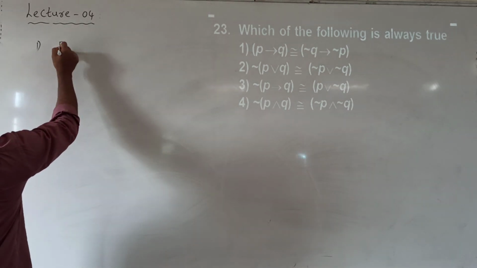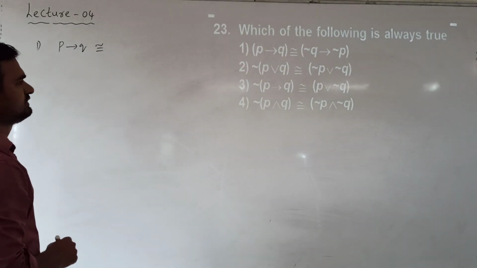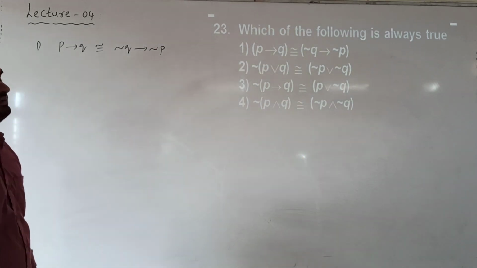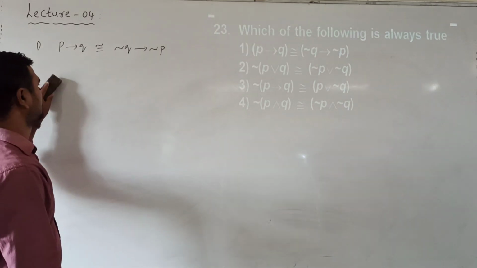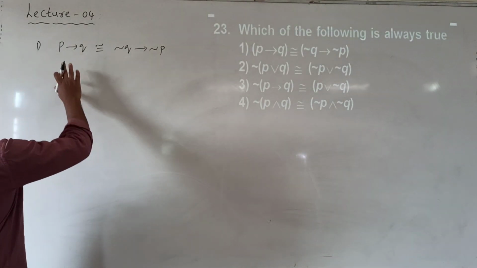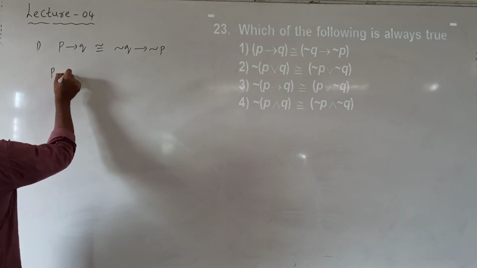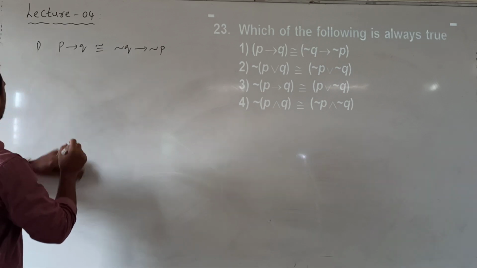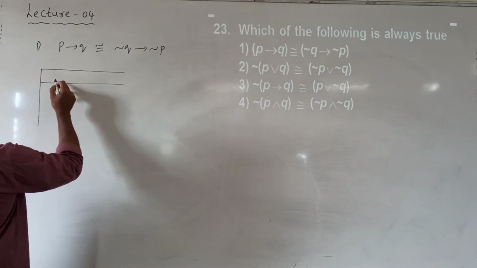P implies Q is logically equivalent to negation Q implies negation P. Now see whether it is satisfying the condition or not. First we will find the truth table for the left hand side, P implies Q. So write the truth table.